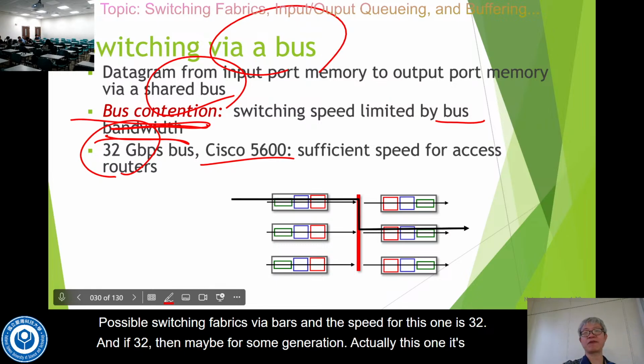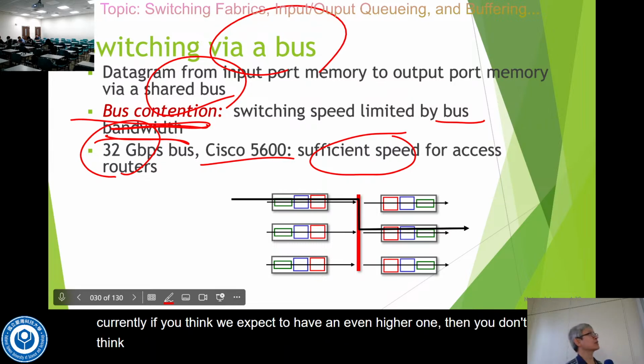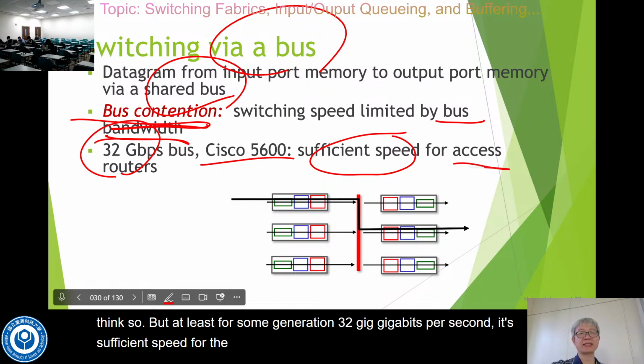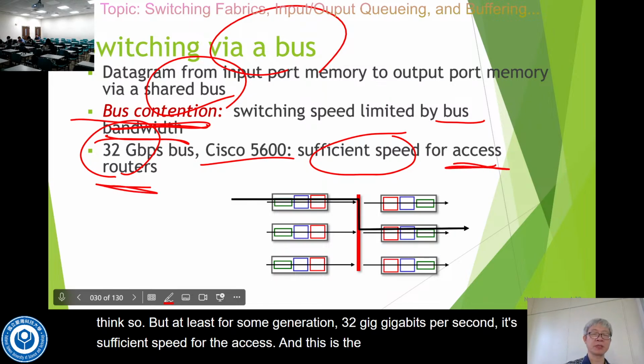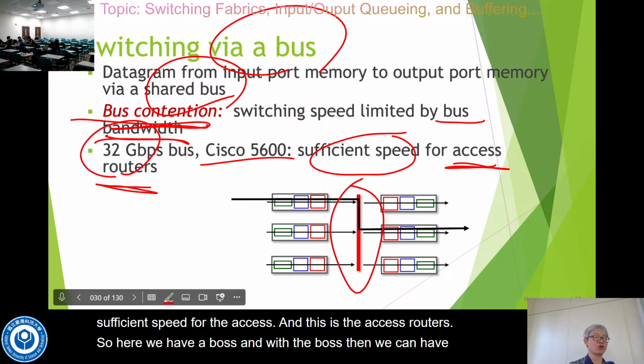Currently, if you think we expect an even higher one, then you don't think so. But at least for some generations, 32 gigabits per second is sufficient speed for the access, at least for access routers. So here we have a bus, and with the bus we can have the packet transfer.